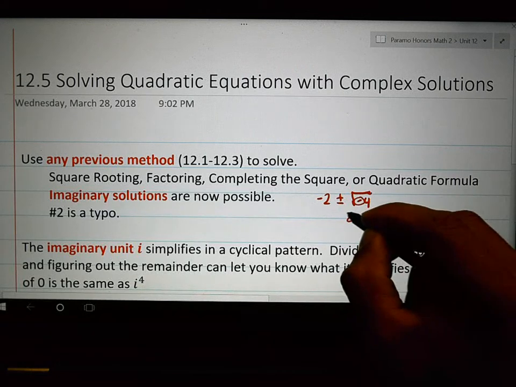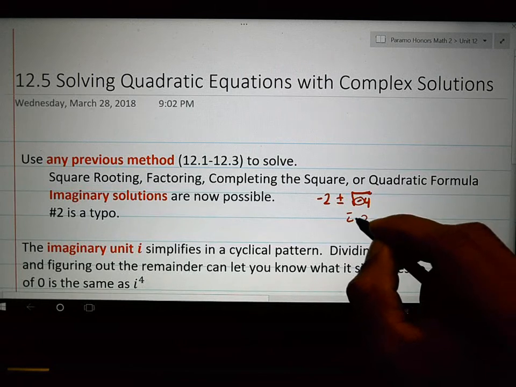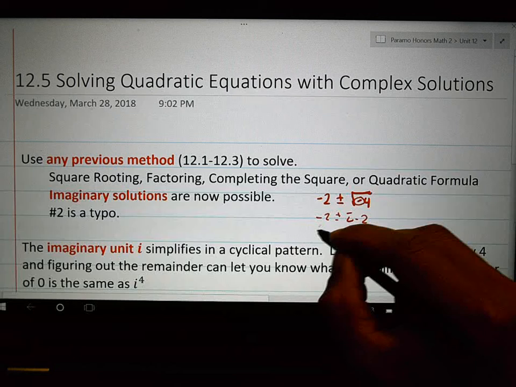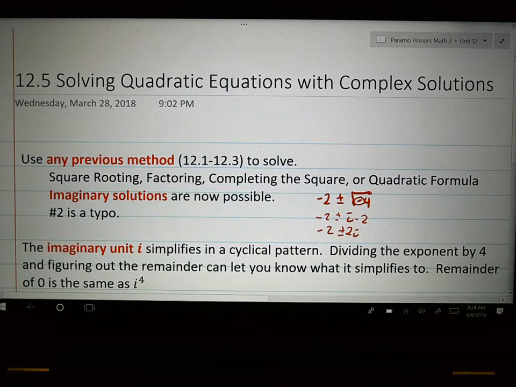You'll pull out an i. And you know the square root of 4 is 2. So you would put your final answer as negative 2 plus or minus 2i. That's what we're going to be doing with some of our problems. There'll be some i's for the imaginary solutions.